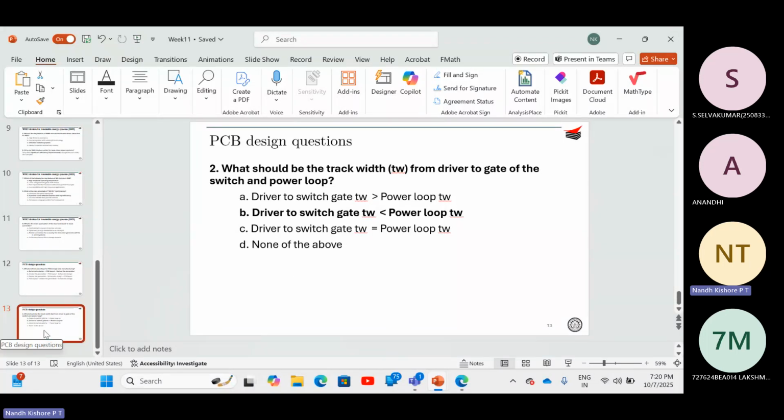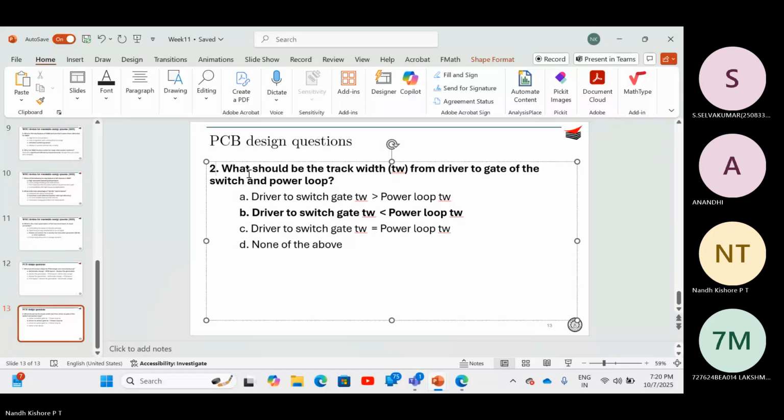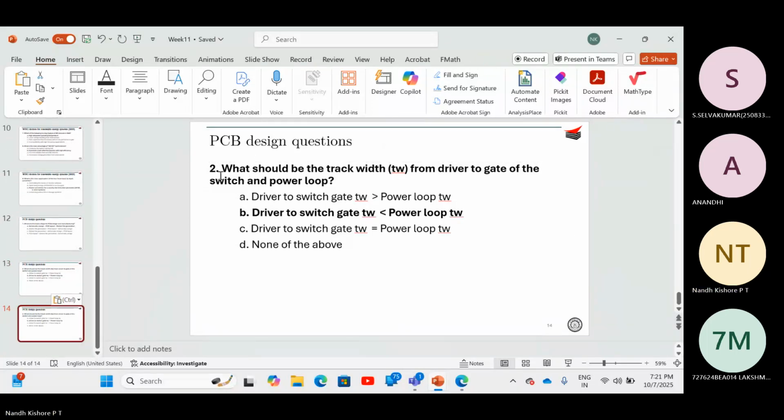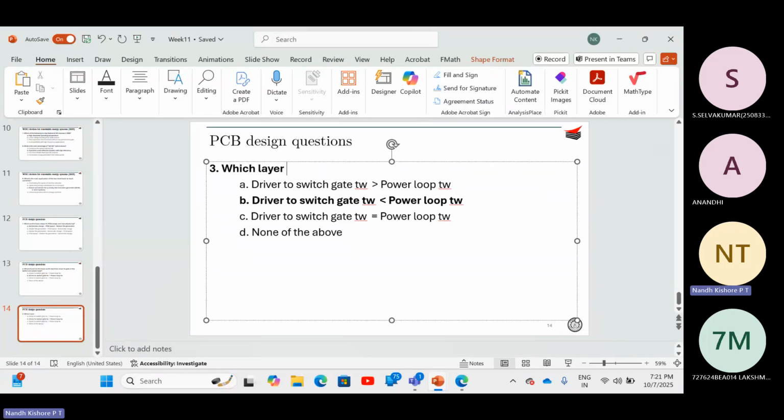So the next question is, which layer of a PCB is responsible for providing electricity?